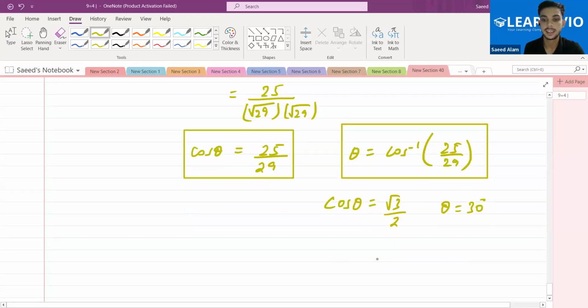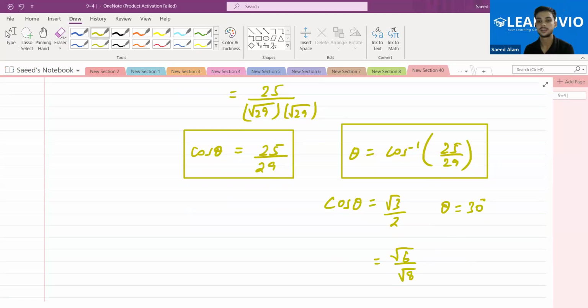And let's say if you had got this under root 6 by, not under root 6 by 4, let's take under root 6 by under root 8. Now tell me, what will be the theta corresponding to it?